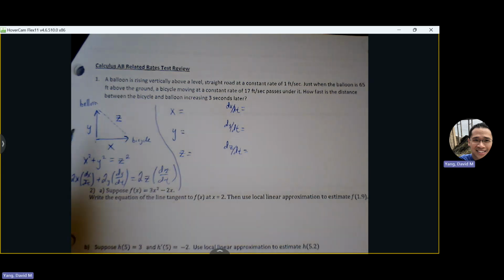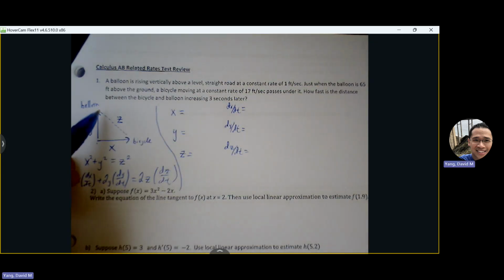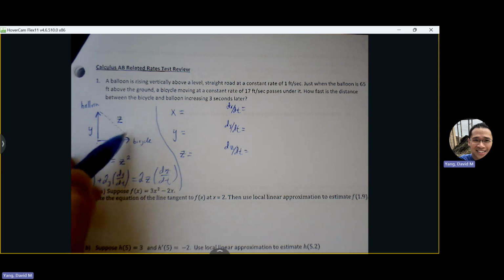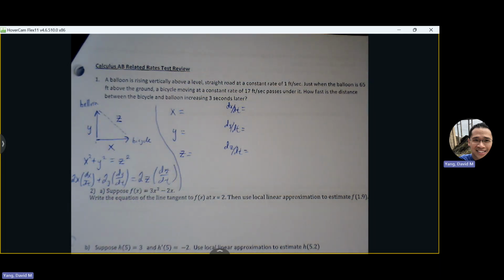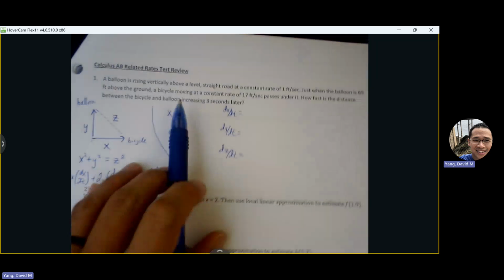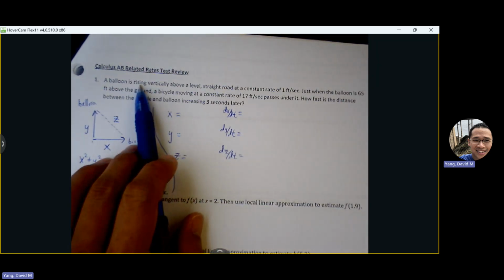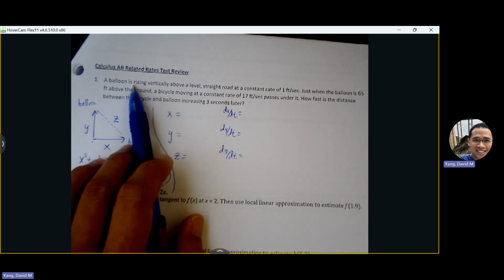Okay, so the balloon is rising, the bicycle is moving, and the distance between them is also increasing, right? So all these dx/dt, dy/dt, dz/dt, these are all moving, and these are all growing, right? All those values are growing over time. Okay, let's see if we can pick out some of these values here.